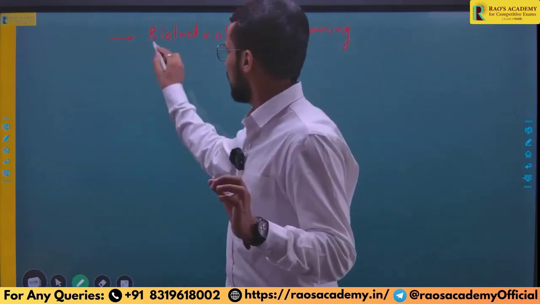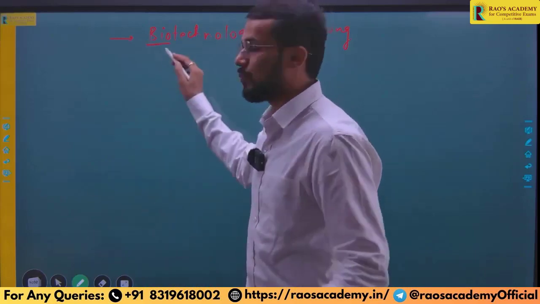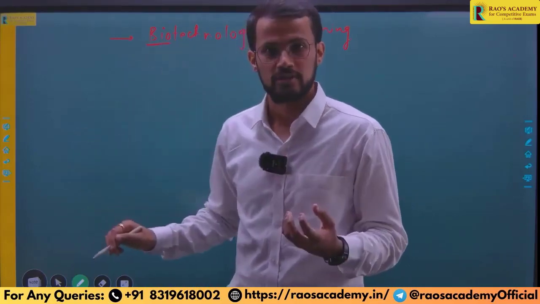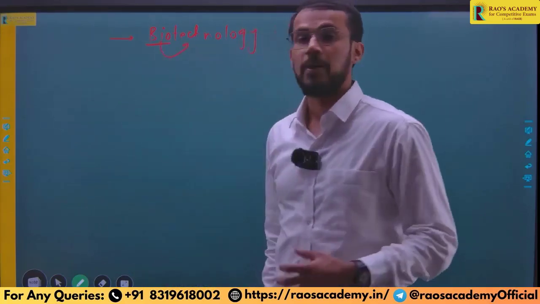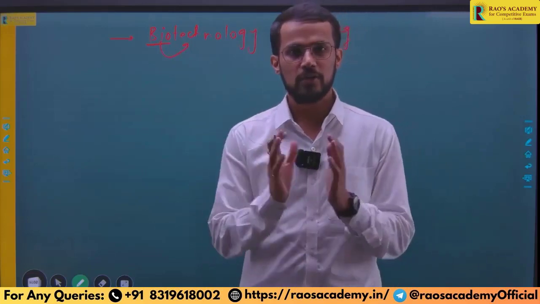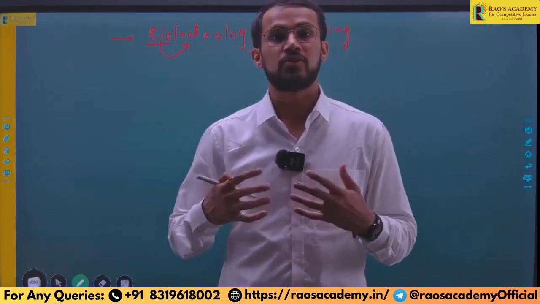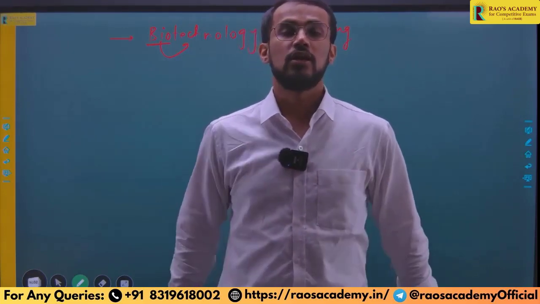Whatever understanding we have developed related to life or living organisms, when we put that understanding to use for the development of various products which are useful for human beings, that is what is called biotechnology. Right? So in biotechnology, we use various living organisms and various living processes in order to develop such products which are useful for human beings.